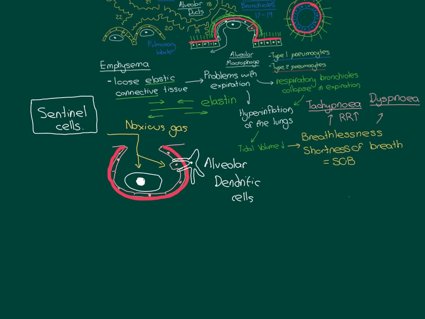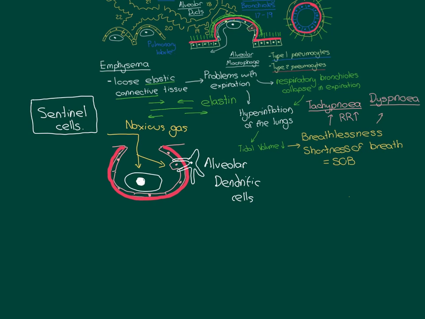So what do these sentinel cells do then when they're activated? Well, they release pro-inflammatory mediators to call for the immune system. They want help. They are alarm cells, basically. They set off the alarm. Now, where is help? Help is in the bloodstream. All of the immune system cells and other components of the immune system, proteins, they're all in the bloodstream.